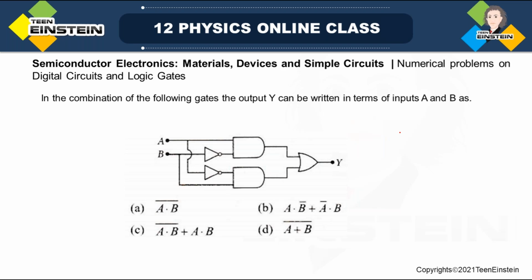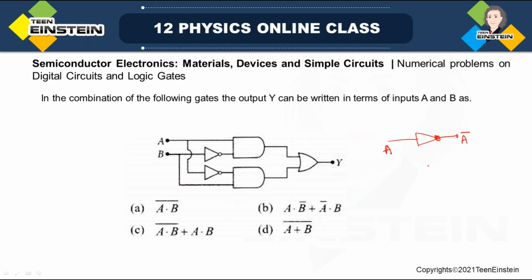Whenever there is any NOT operation, the output of the NOT operation will be with a bar. NOT has only one input, which we had discussed. Sorry, let me draw it properly. So this is the NOT circuit symbol, as you see here. Whenever you have a NOT operation, the output will always be A bar or B bar, like that.